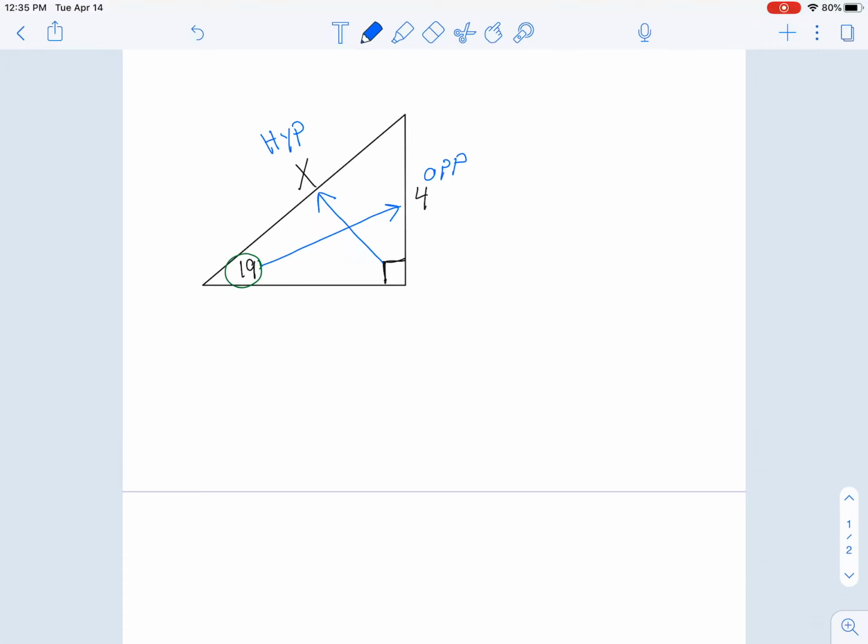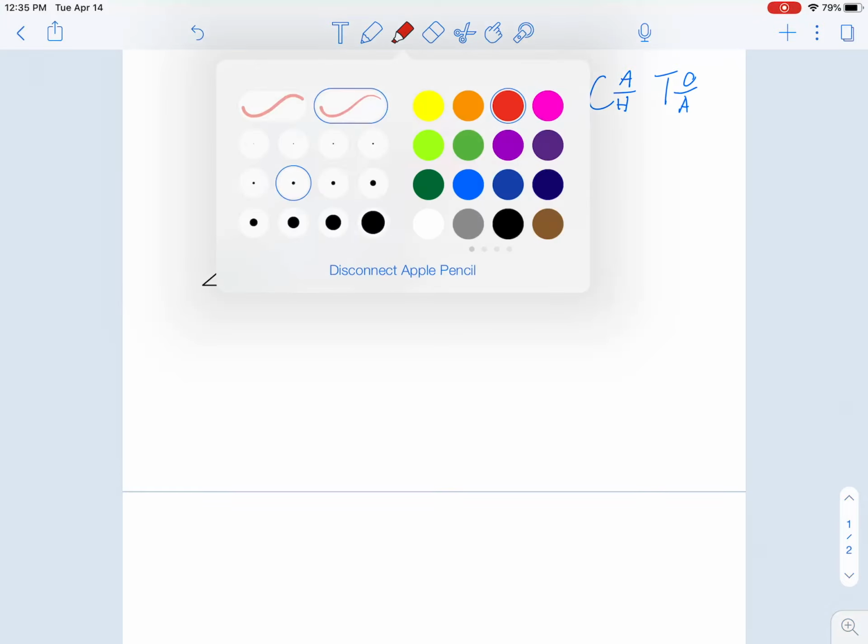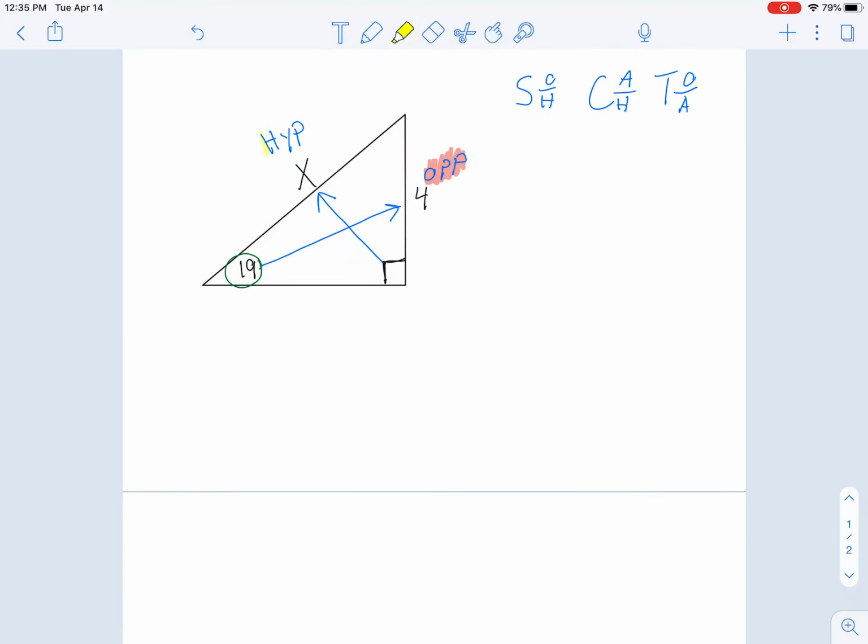So, let's go ahead and spell out SOHCAHTOA: SOH, CAH, TOA. In this case, we have two sides labeled on the triangle: opposite and hypotenuse.